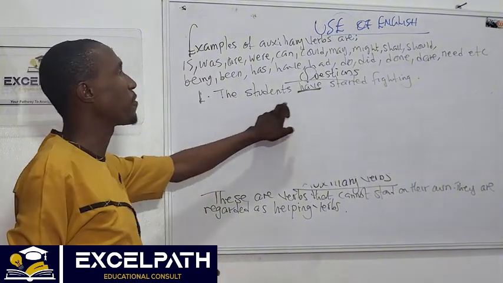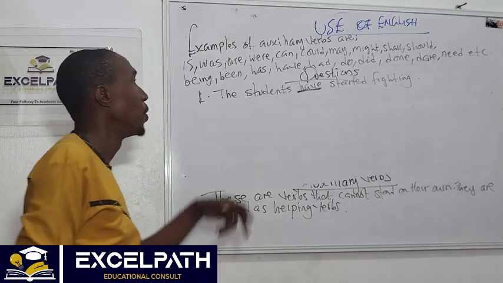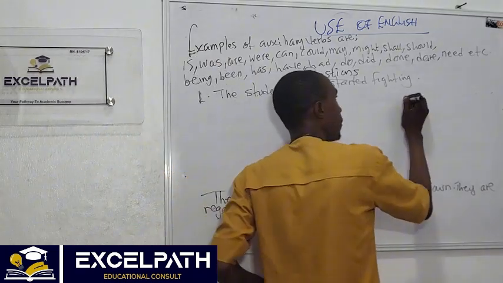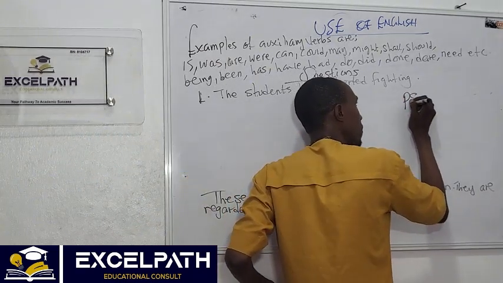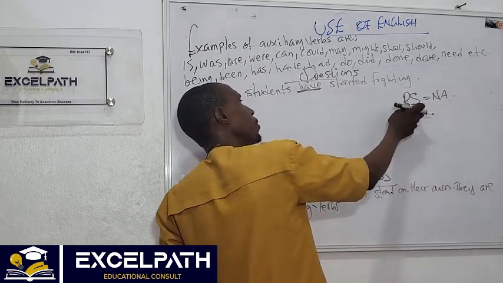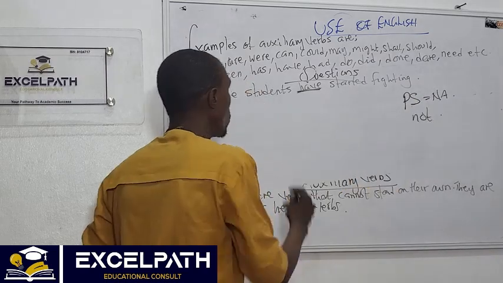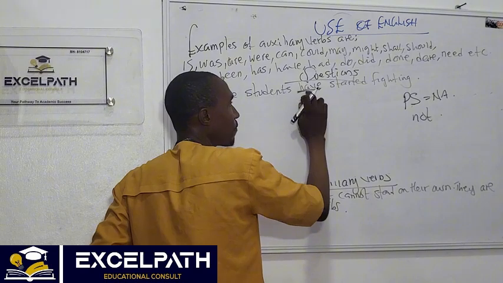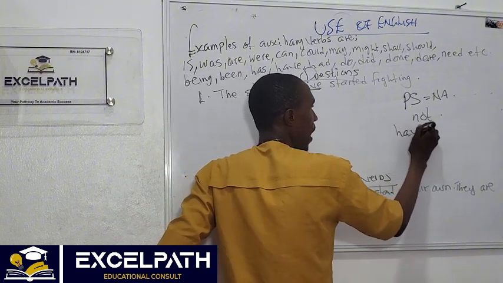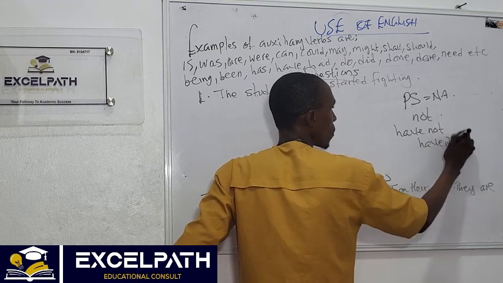This is a positive statement because there is no not in it. So a positive statement will go with a negative answer, which means the answer we want to supply must carry what? Not. So you join this have to not. It becomes have not, and the short form of have not is haven't.